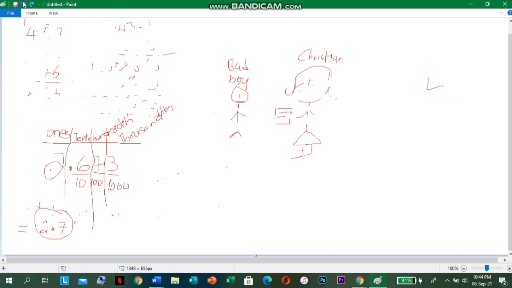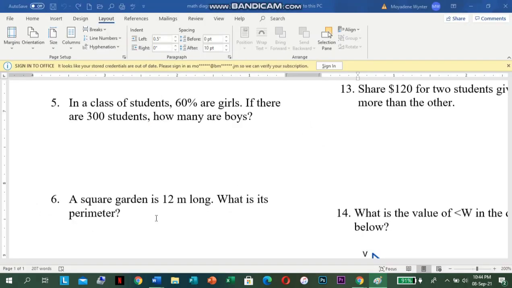Let me put it right there. 40 divided by 100 times the 300 students. All right, because we know that 40% are boys because 60% are girls and percentage is out of 100, right?